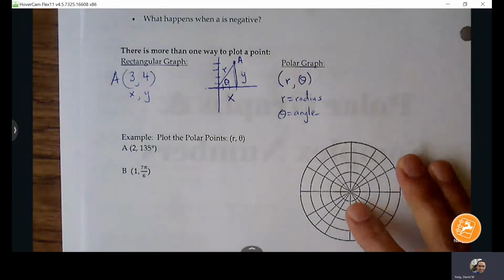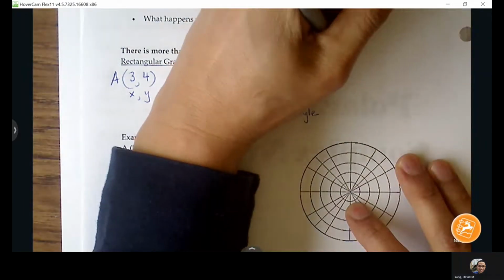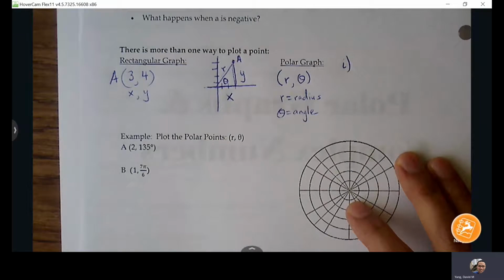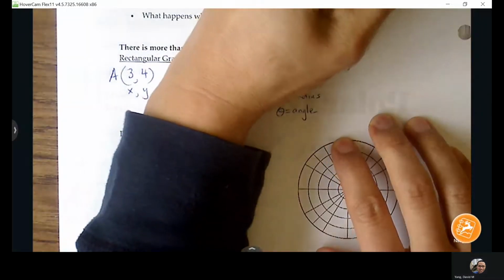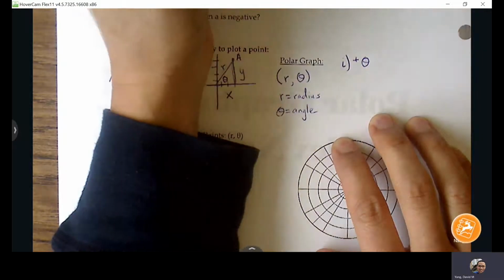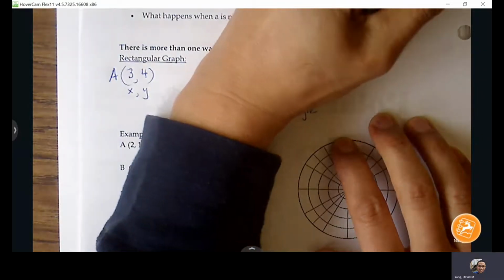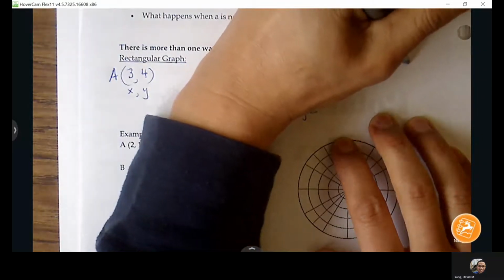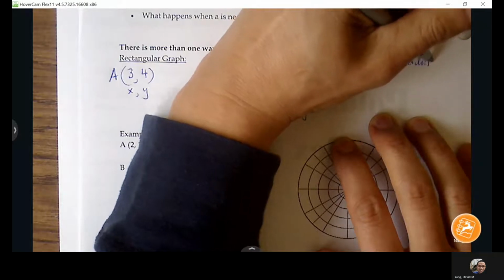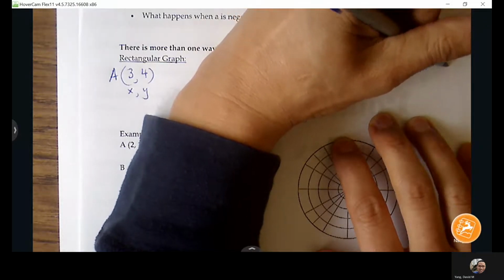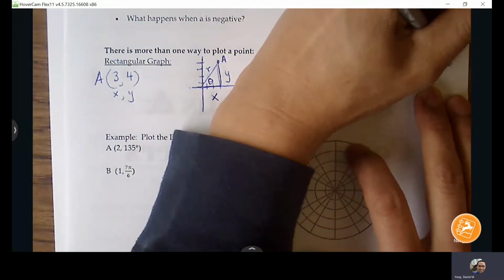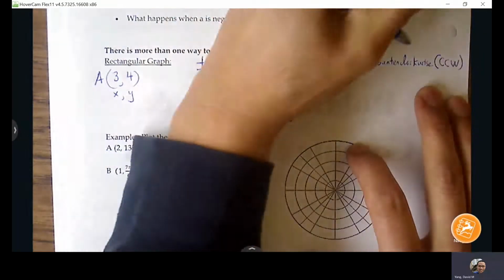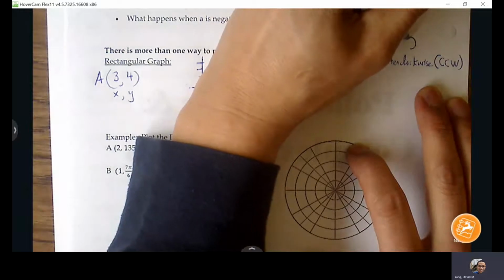All right, so a couple of notes I want to include in here. If I have a positive theta, that is counterclockwise. Sometimes I like to abbreviate it CCW. So counterclockwise is where we go left.